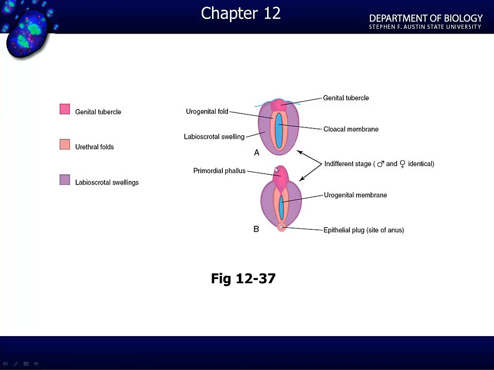The phallus is expanding. Again, we're going to have our urogenital folds on the inside, and we're going to have our labioscrotal swellings on the outside. So here we have labioscrotal swellings. They're calling these the urethral folds. I still refer to them as the urogenital folds. That's how we learn them.